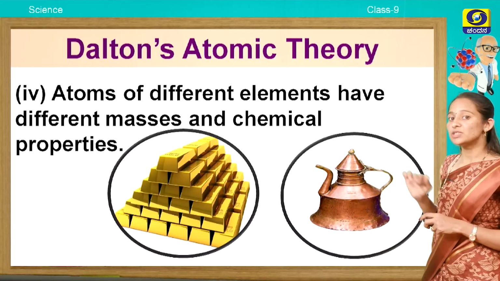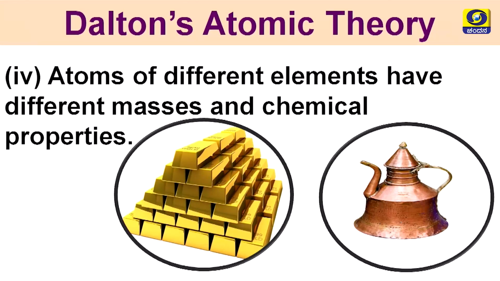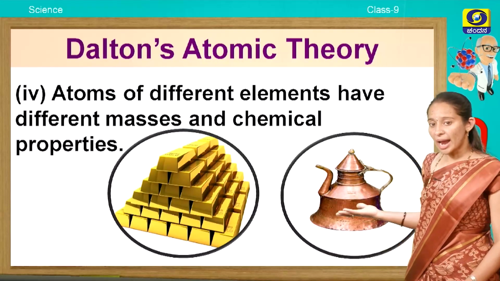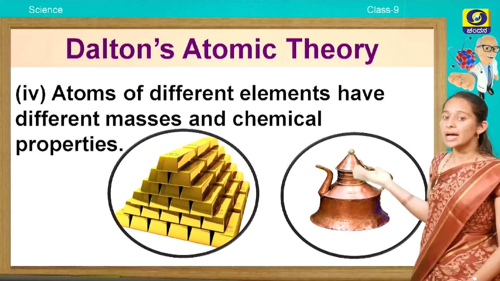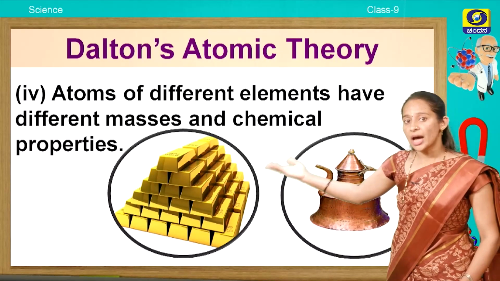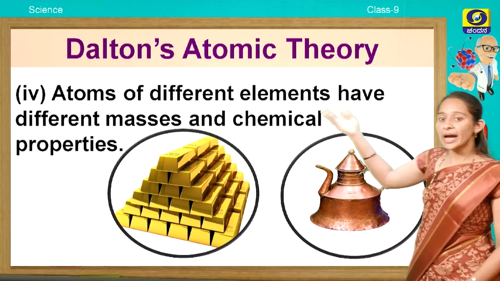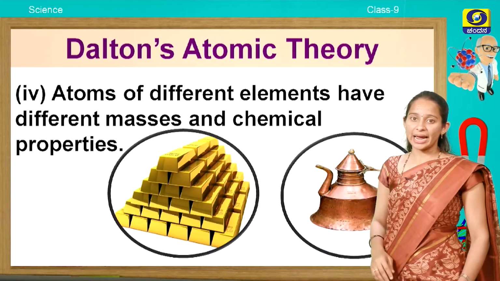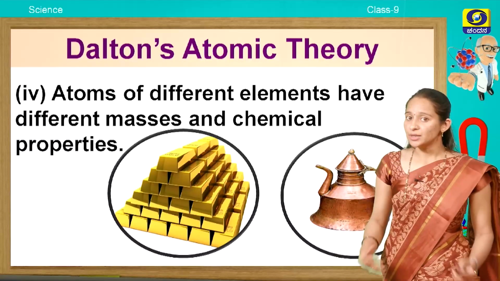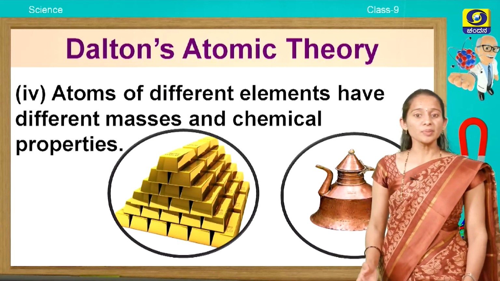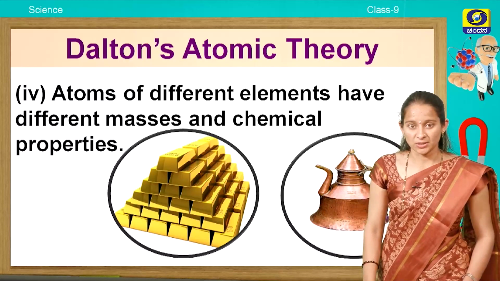The copper vessel is made up of copper atoms. Is there similarity between the gold atom in the gold biscuit and the copper atoms in the copper vessel? No. Copper atoms have different mass and gold atoms have different mass. The properties of a copper atom are entirely different from those of a gold atom.